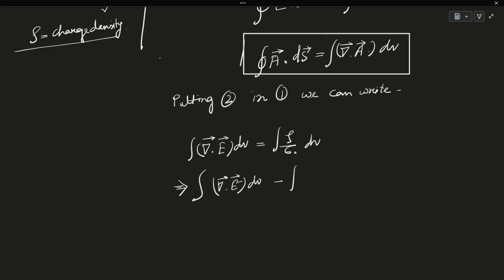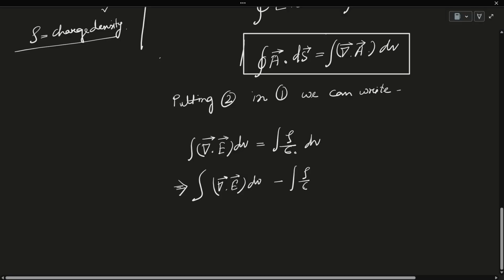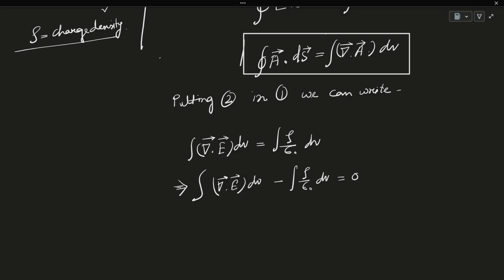minus rho by epsilon naught dV equals 0. This is an integration.